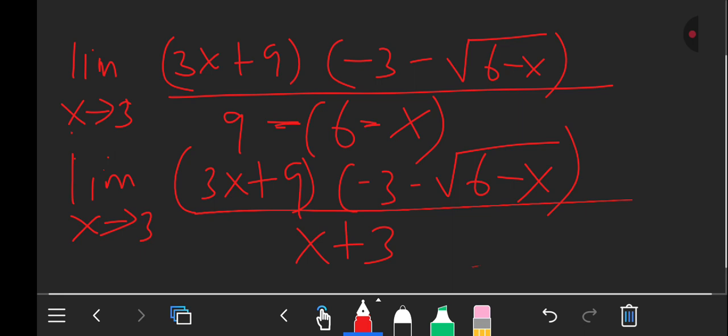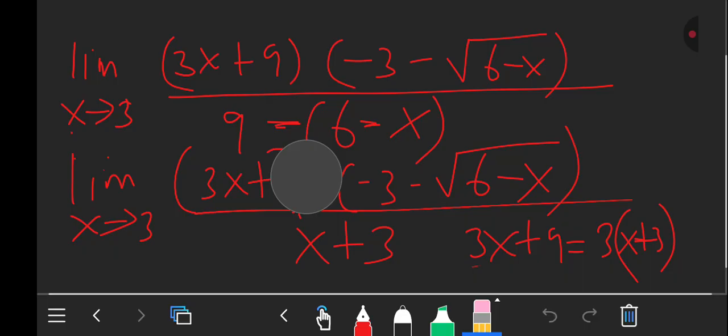Okay, then at this point now I can do something on the numerator. You see, we have 3x + 9 there, so I can factorize the 3 so that I remain with x + 3 in the bracket.